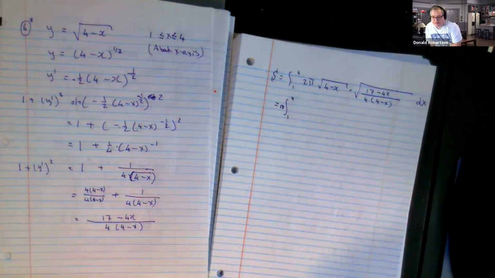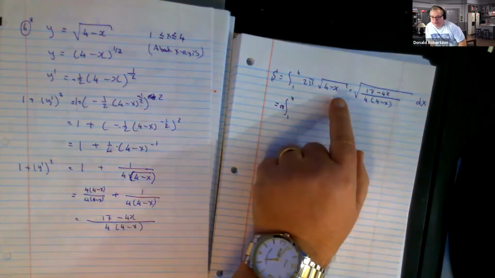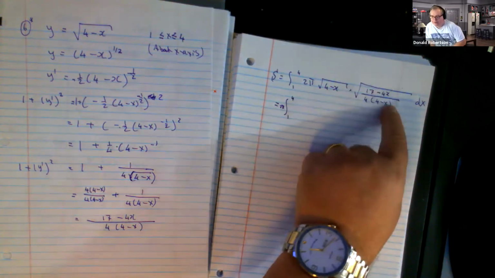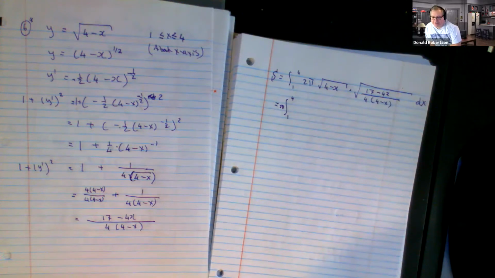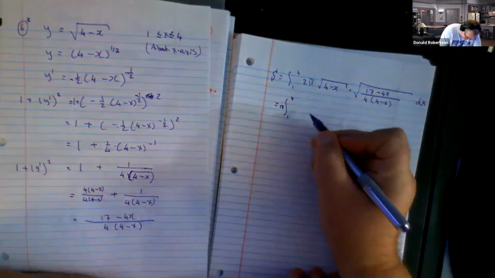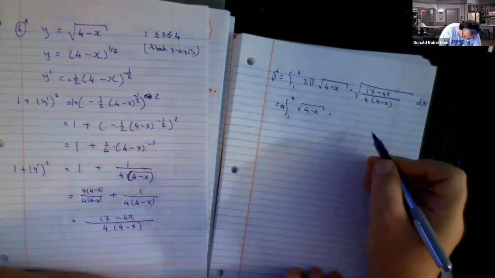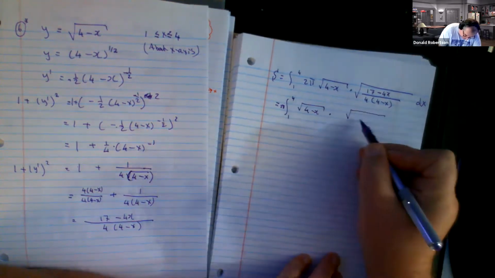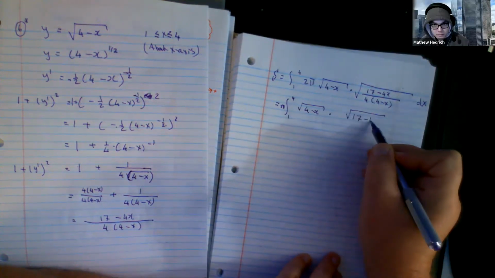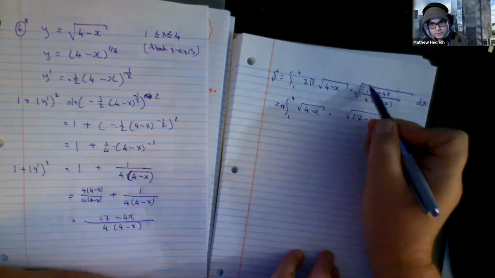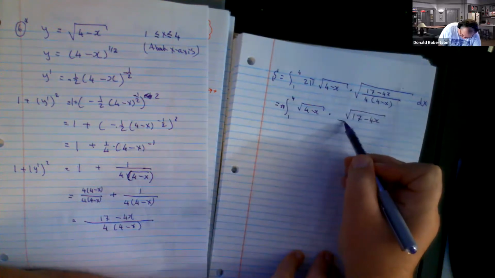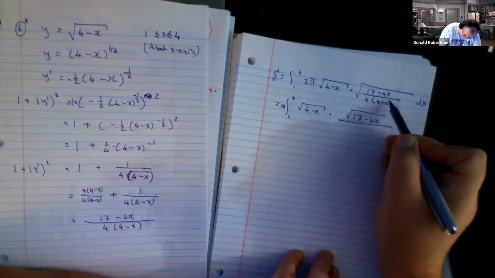Can you see anything that we could do with this square root that might make it a little bit friendlier with what's going on? Multiply the 2 square roots, canceling out the 4 minus x. Correct. So to show how that happens, if you've got a square root of a fraction, can't you split it by separating the square root into all the pieces?